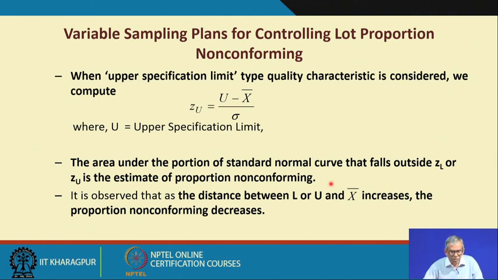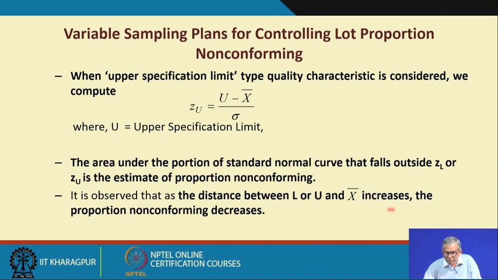Now it is observed that as the distance between L or U and x bar increases, that means U minus x bar increases, what do you find? The value of ZU will be more, and if the value of ZU or ZL is more, the corresponding area under the portion of the standard normal curve that falls outside ZL or ZU will be less.